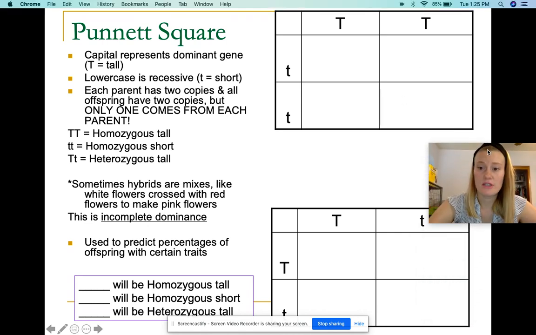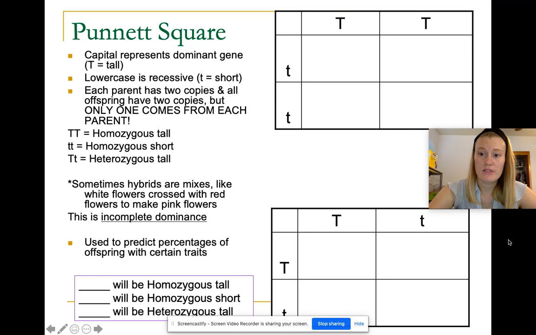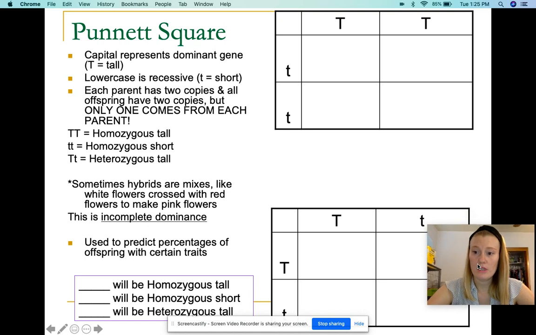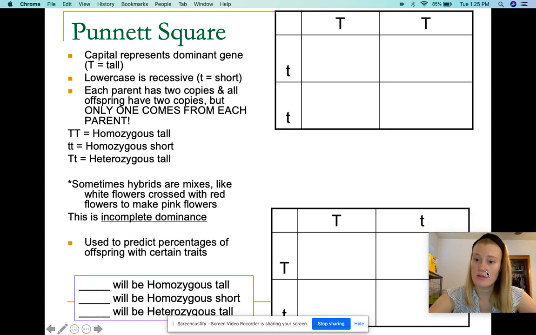And I also want you to think about what will be filled in here. This is a heterozygous parent and another heterozygous parent. So you can stop and pause this, write this down, and fill them out. Right now, I'm going to go ahead and give you the answers so that way you understand how it's set up correctly.